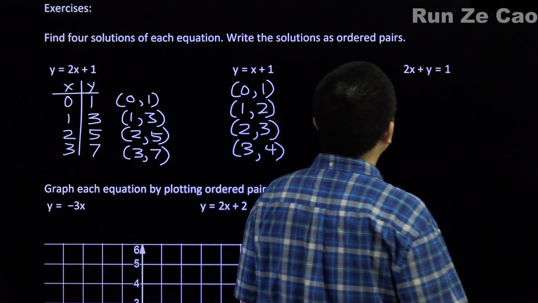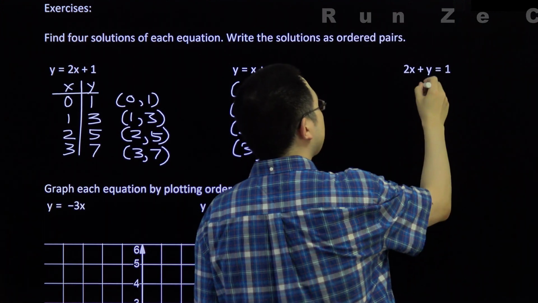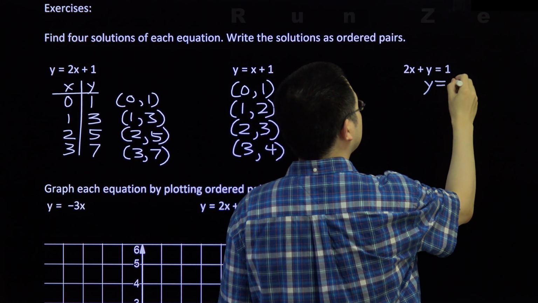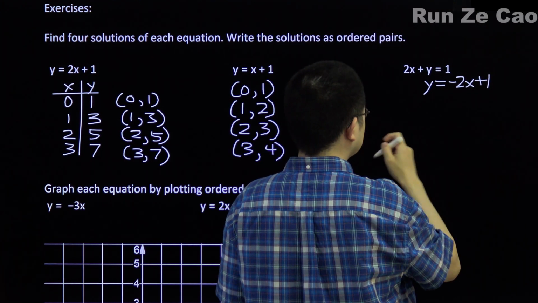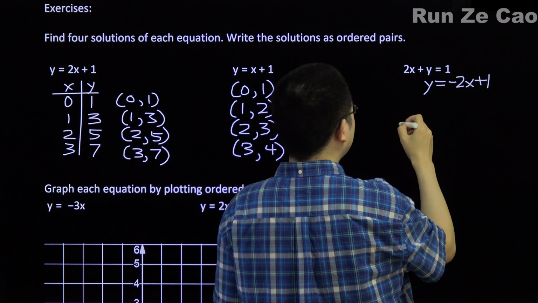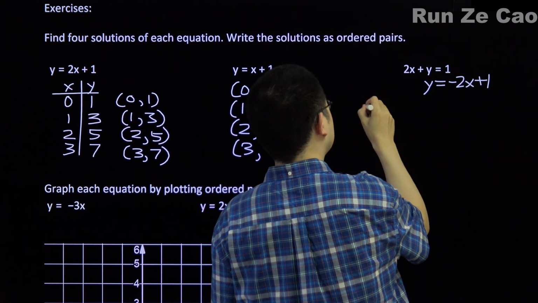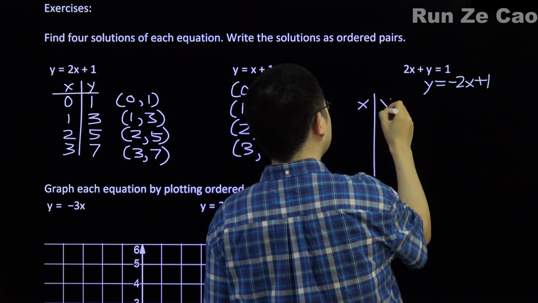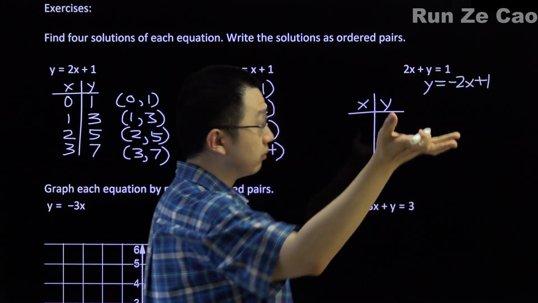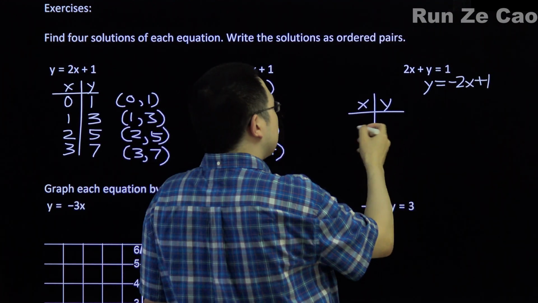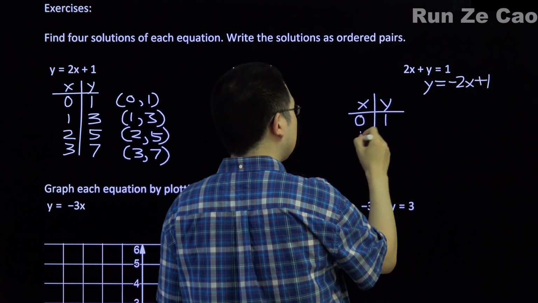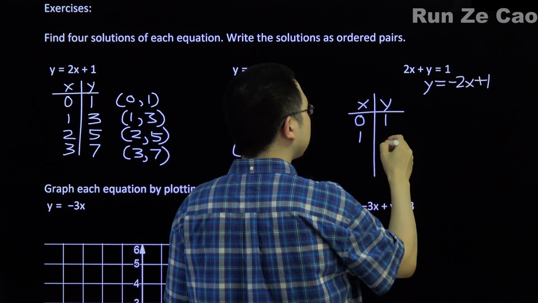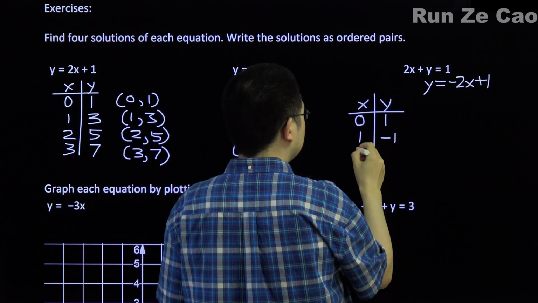2x plus y equals 1. Well, that's y equals -2x plus 1. So we would find ourselves with, well, let's list out a table if we can't immediately just go, boom, it's this. So x equals 0, y equals 1. X equals 1, y equals -2 plus 1, so -1.